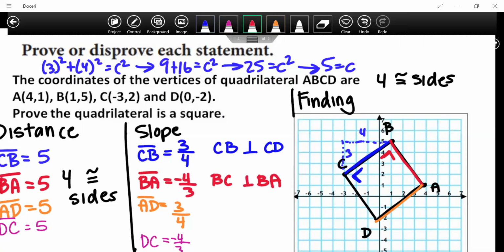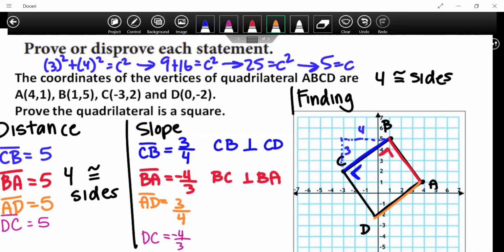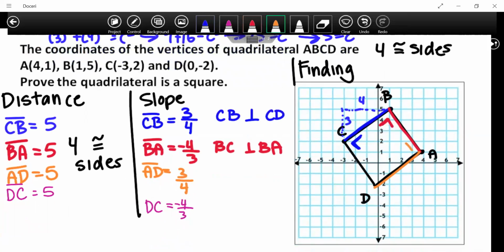Those are perpendicular. We also have this next one, which is BA, and the bottom one will be AD. Those slopes are perpendicular. And then our last one will be DA and CD, which is also perpendicular.